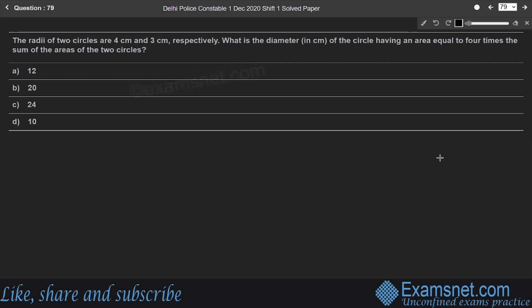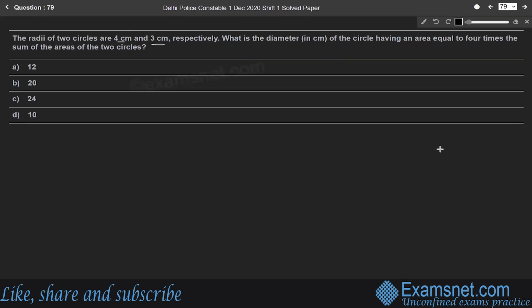Question 79. The radii of two circles are 4 centimeters and 3 centimeters respectively. What is the diameter of the circle having an area equal to 4 times the sum of the areas of the two circles? So here, the radius of circle 1, R1, is equal to 4 centimeters, and R2 of circle 2 is 3 centimeters.